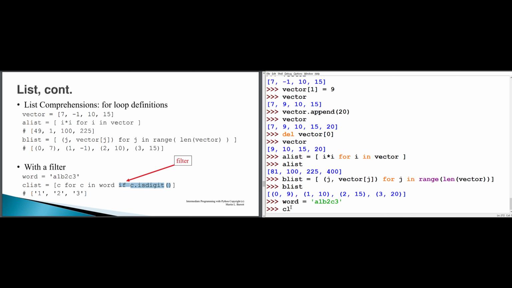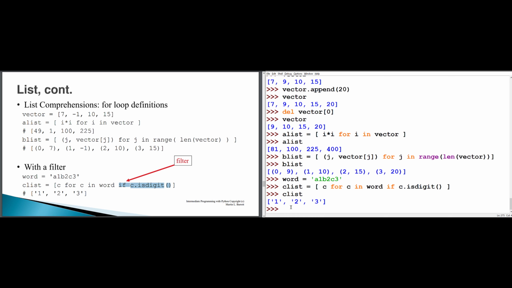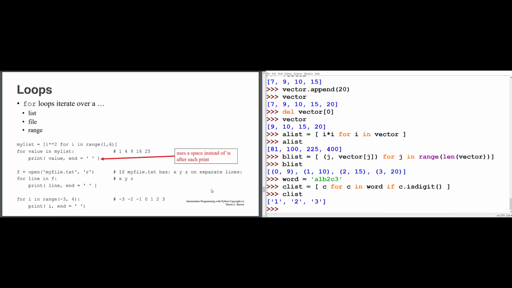And I'm going to say CList gets each value c for c in word, but only if c is a digit. So A is not added to CList, but 1 is. B is not added, but 2 is. C is not added, but 3 is. So I end up with a list of 3 single-digit strings.